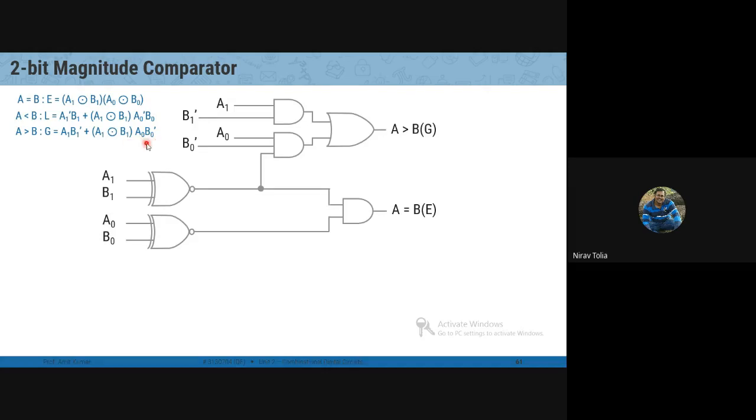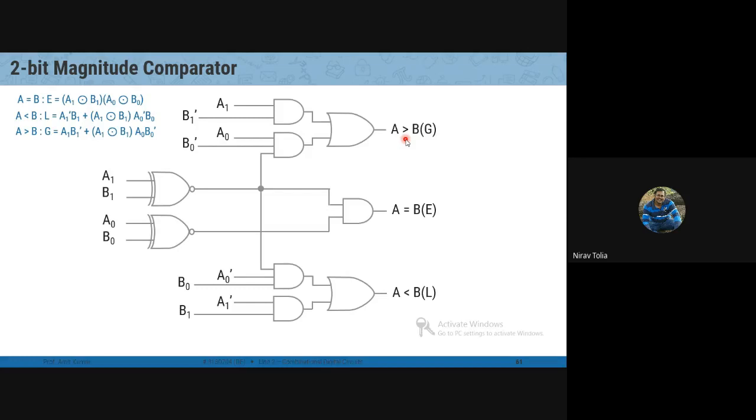The other input is A0 B0 dash. So I take A0 B0 dash giving to the AND gate, and in between we require the plus sign. So the outputs of both AND gates are given to the OR gate. So finally we have the circuit for A greater than B.